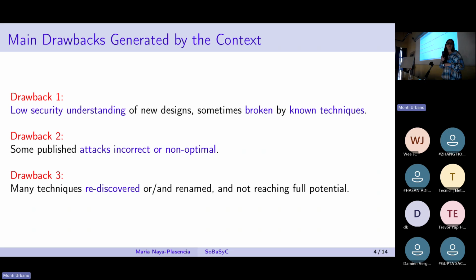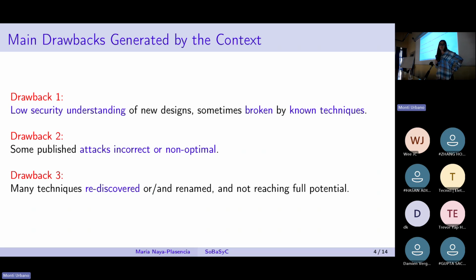And also sometimes, quite a lot of times actually, too often from my point of view, some published attacks are incorrect or non-optimal. It happens with my papers also. I mean, it happens a lot. For instance, in impossible differential attacks, there were a lot of results that were published, and actually they were not correct. Or rebound attacks weren't optimal because some steps weren't done correctly.